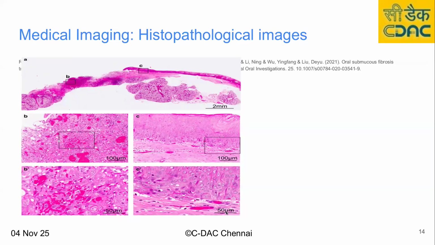So the AI algorithm should be brilliant enough to detect the diseases at 2 millimeter zoom as well as at 100 micrometer or 50 micrometer zoom. That kind of training is required with multiple zoom images for histopathological images.